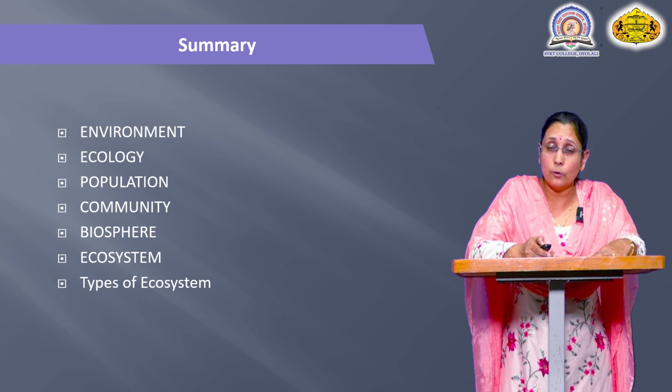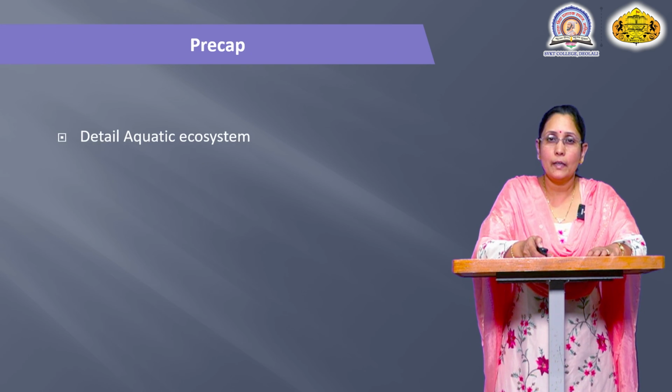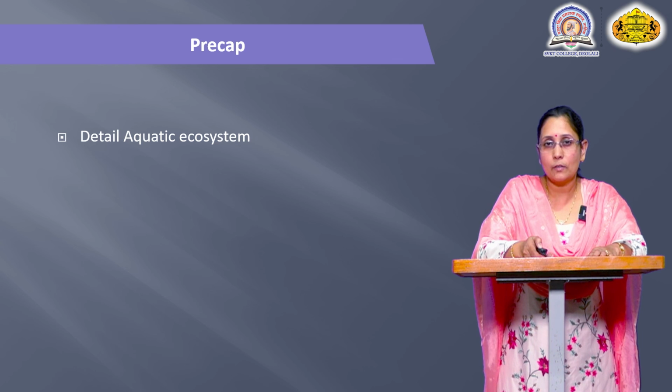What is biosphere? What is ecosystem? What are the different types of ecosystem? And a brief discussion of the types of ecosystem. In the next lecture, we will talk about the types of aquatic ecosystem, its detailed structure, composition, organization, etc.